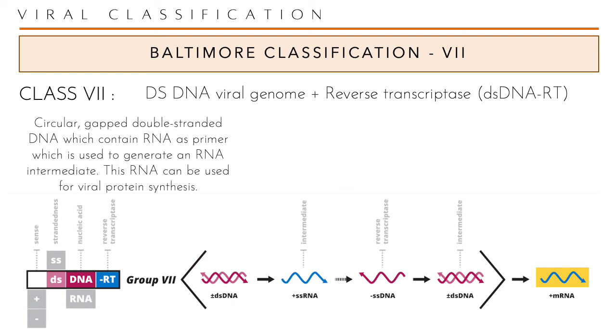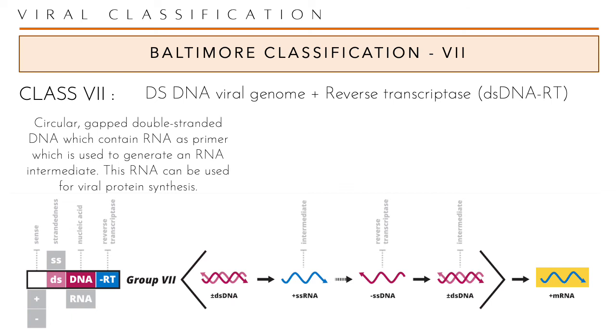All right. And these segments contain RNA as a primer. Okay? And some of these single-stranded RNA primers are used to generate an RNA counterpart, intermediate. Okay? That is what we call the ssRNA.